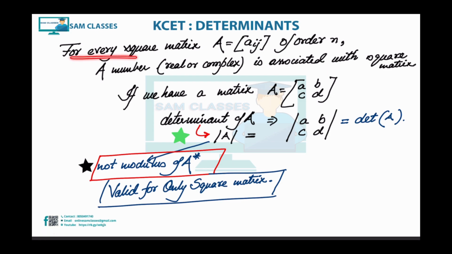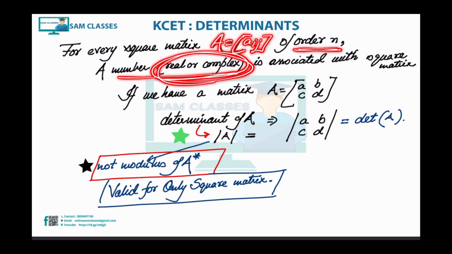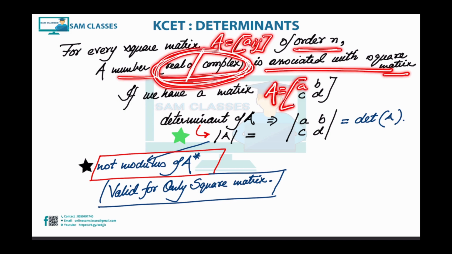For every square matrix A equal to [aij] of order n, a number, which can be a real or a complex value, is associated with it. So whenever you get a determinant value, don't always think that it has to be a real one. It can be real or complex. So take a matrix A with entries a, b, c and d.